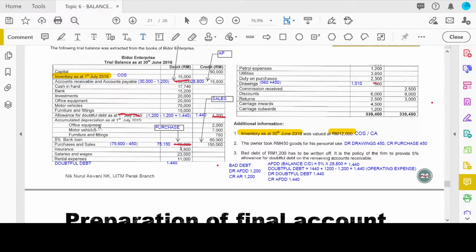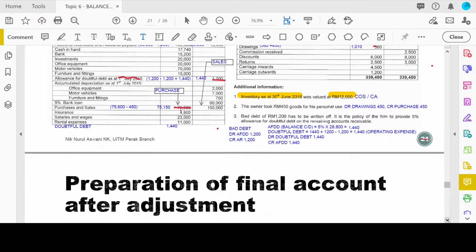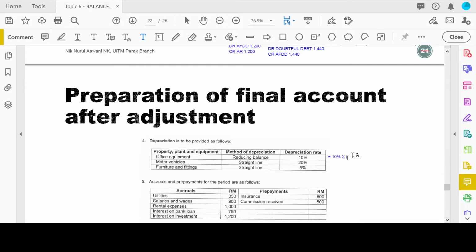So 20,000 minus 2,000. So this equals 18,000 times 10%, so 1,800. All right.